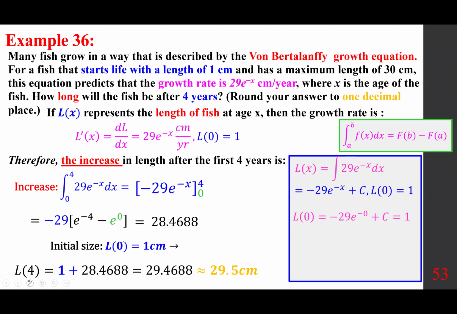As you know, e to the power minus 0, or 0, makes no difference, 1. Minus 29 plus what number is 1? That's number 30. So C becomes 30, everybody.